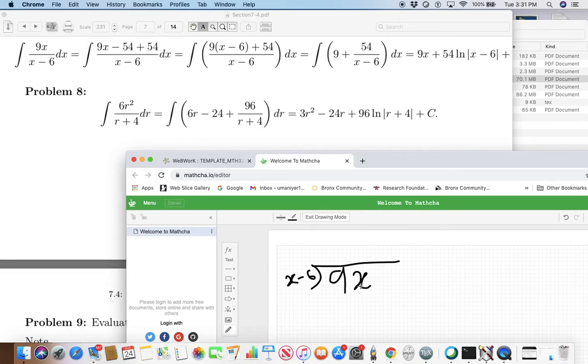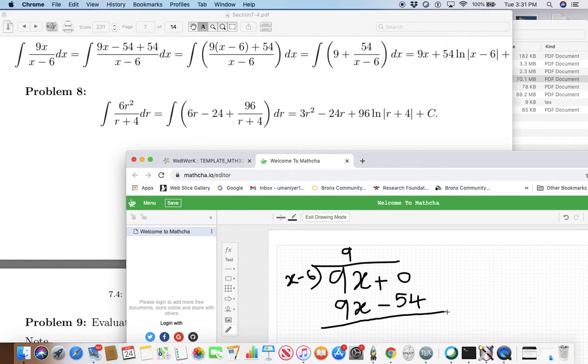Okay. There is no constant term, so I just write plus 0. X, I'm looking at leading coefficient. X goes in 9x 9 times. Now multiplying 9 times x is 9x. 9 times negative 6 is negative 54.